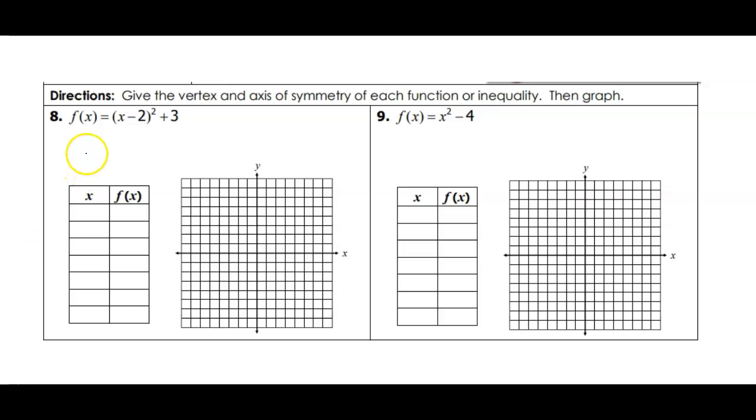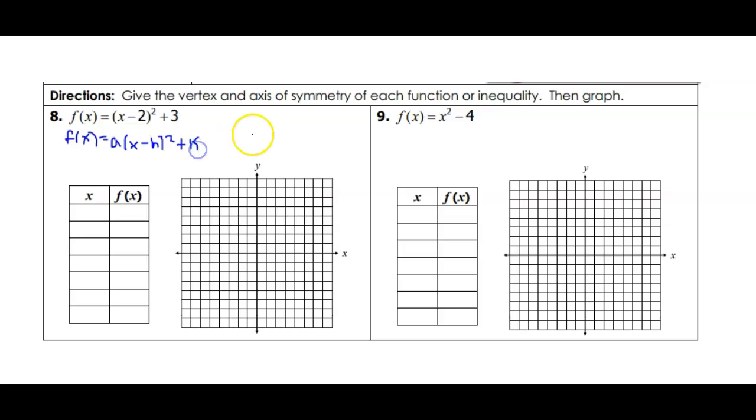Here we go. Our first step is to remind ourselves what is what. So I'm going to go ahead and write what my vertex form is, which is a times (x minus h) quantity squared plus k.